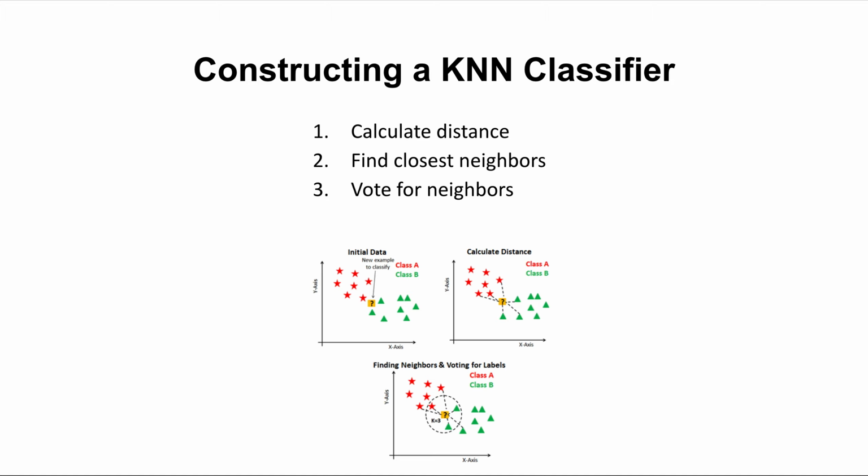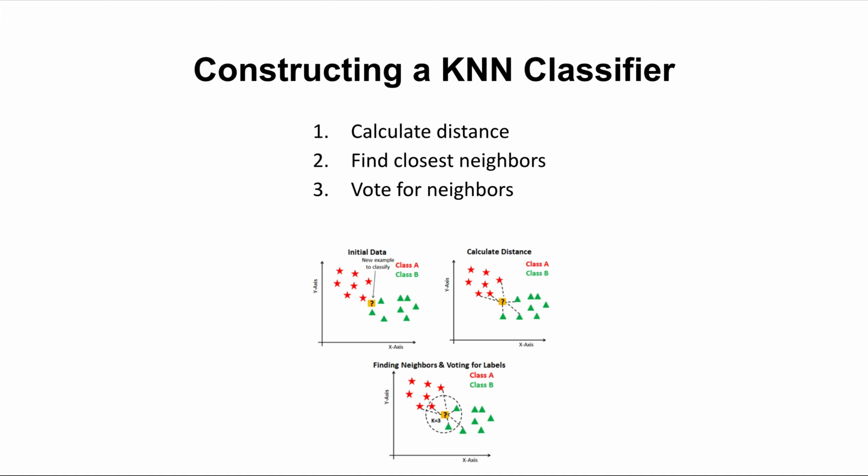K equals 3. In other words, we're picking our 3 closest neighbors, and in that scenario, you see there's 2 class B neighbors and 1 class A neighbor. So for our 3 nearest neighbors, we basically do a vote for which label is more common. Is class B more common or class A more common?